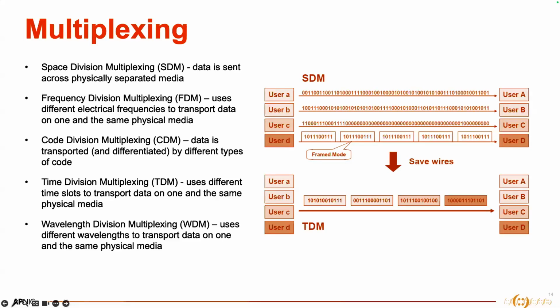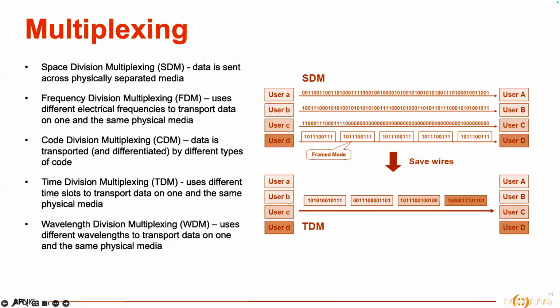All these signals are transmitted in their separate space, in their dedicated space. So if there are four sources and four destinations, they all talk to each other with their own dedicated channel, right? Which is basically using one single fiber for one communication, right? This is the general concept of space division multiplexing.